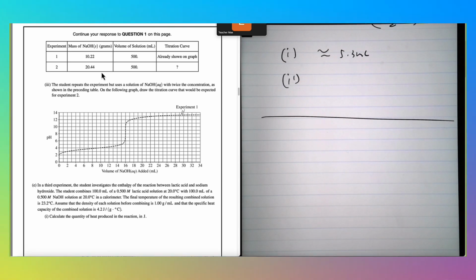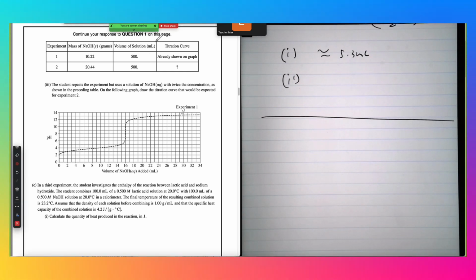But instead, we're going to put more mass given the same volume. So what happened to our concentration? It doubles. So if you put the same volume of NaOH, the volume might be the same, but we put more moles of NaOH, therefore it's going to be faster, or it will pull your equivalence point in by half.